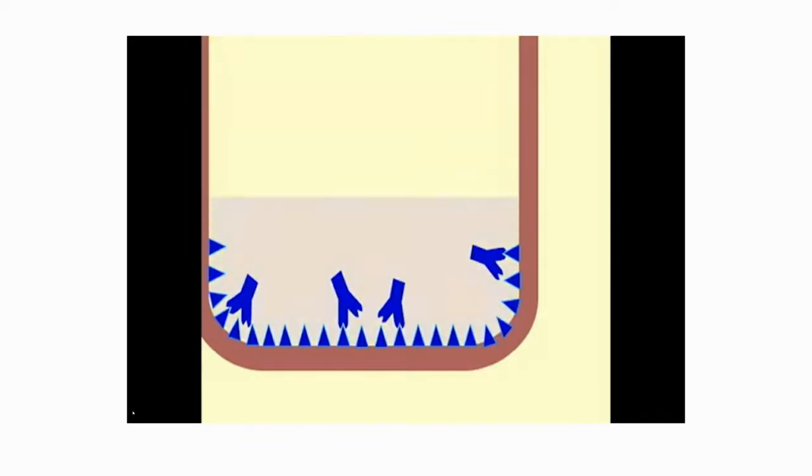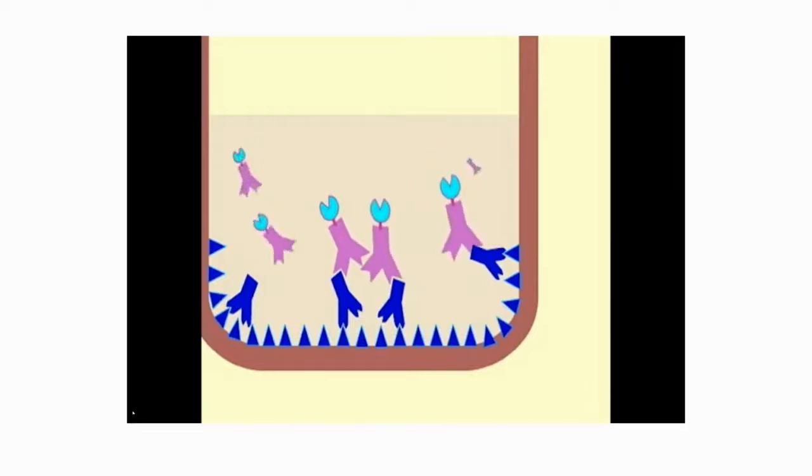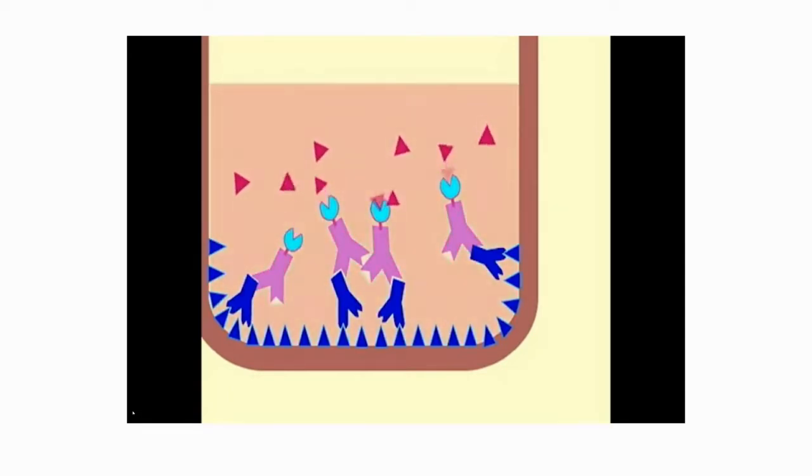Next, the solution of an animal antibody against human antibodies is added. This second antibody is covalently conjugated to an enzyme. The wells are washed again, this time to remove any unbound enzyme-conjugated antibody. Finally, a solution of a chromogenic enzyme substrate is added. The interaction of the substrate with the enzyme on the second antibody generates visible color.